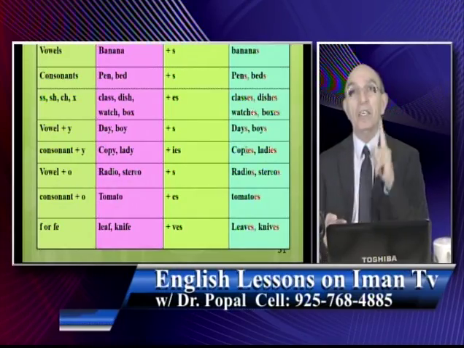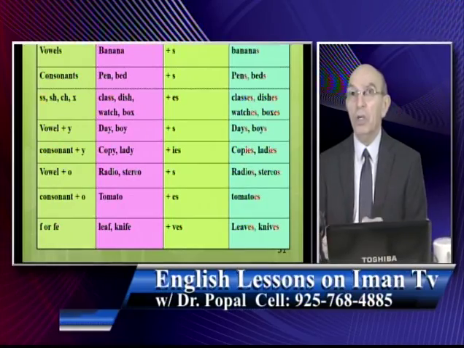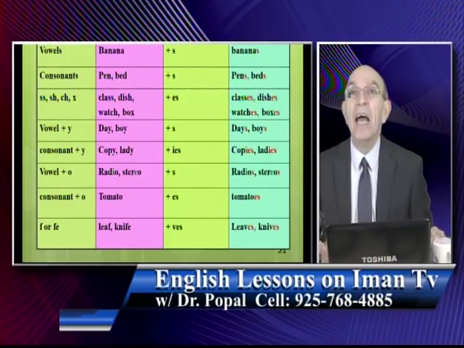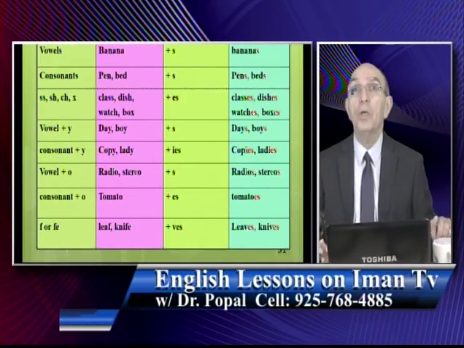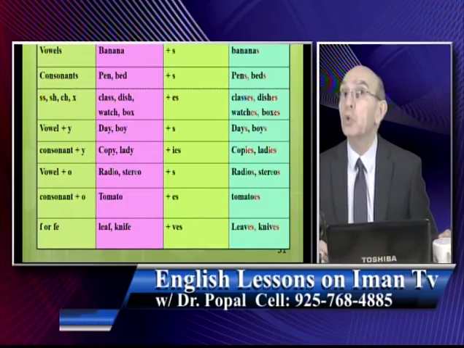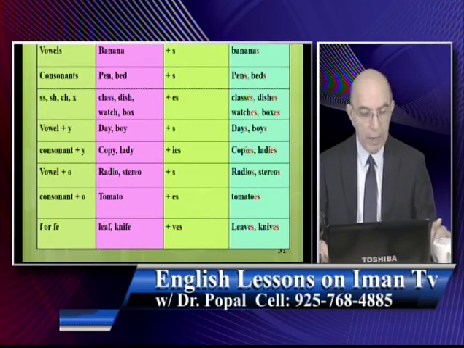Class is one syllable. Classes becomes two syllables. Watch, watches. So adding ES to the word becomes two syllables. یعنی یک لغت یک سیلابه به یک لغت دو سیلابه تبدیل میشه، در صورتی که شما ES اضافه بکنید.